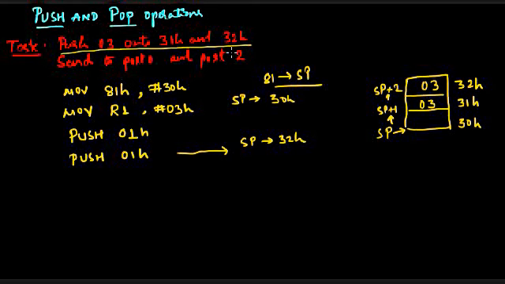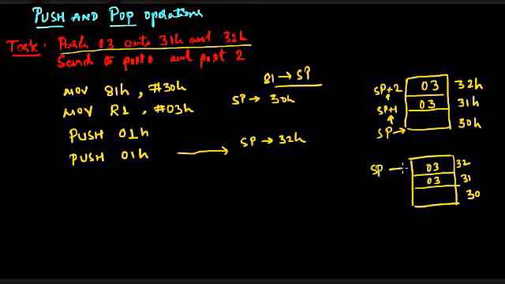Now we need to send this data to port 0 and port 2. For that, let us draw the same stack again. This was our stack. This was 30, 31, 32, and this has 03 and 03, and SP is currently pointing to this memory location.